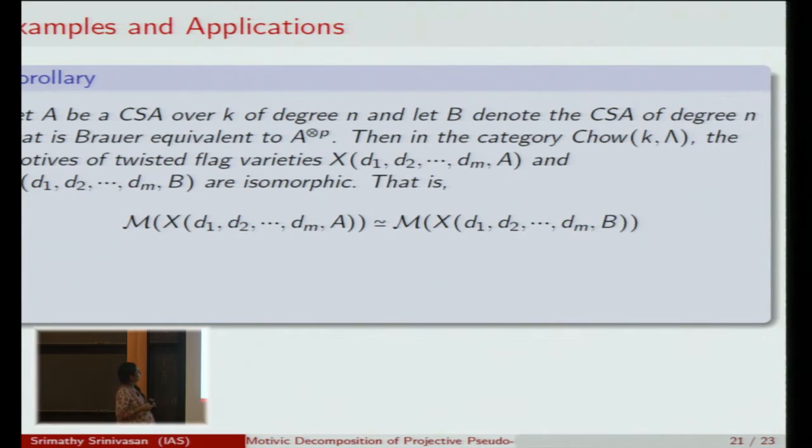Okay, so let A be a central simple algebra over K of degree n, and let B denote the central simple algebra of degree n that is Brauer equivalent to A tensored with itself p times. Then in the category of Chow motives, with lambda being finite field coefficients, the following is true.